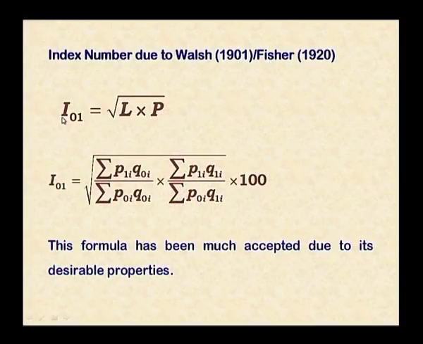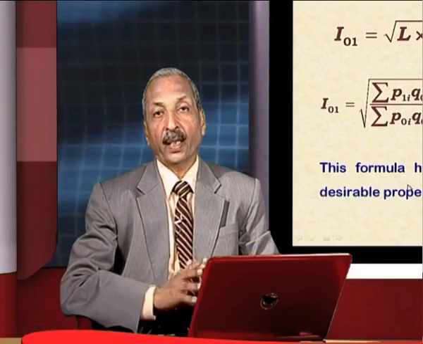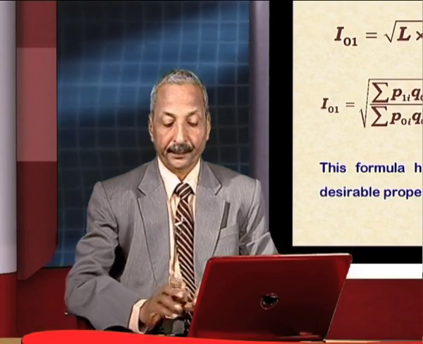That is, I01 is equal to the square root of the product of L and P. Here L denotes the Laspeyres index number and P denotes the Paasche index number. That is, the full form of this index number is given here. This formula has been much accepted due to its desirable properties, which we are just going to discuss.